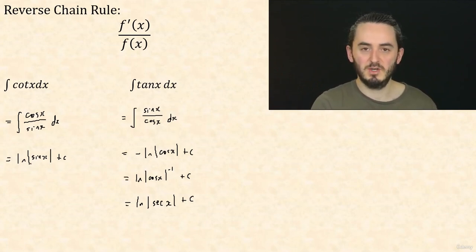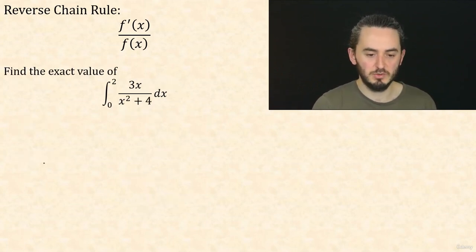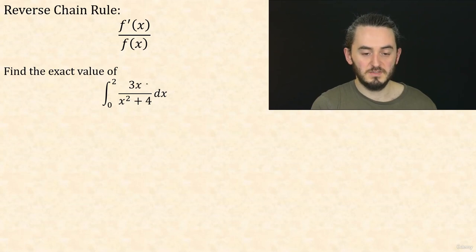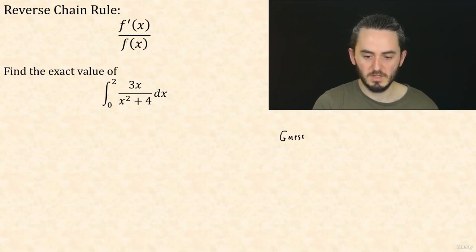Okay, let's also have a look at applying the reverse chain rule to some definite integrals. So can we find the exact value of the integral of 3x over x squared plus 4, between 0 and 2? So do we have the derivative of a function over the function? Not quite, because the derivative of our denominator is 2x, not 3x. So I better do a guess and a check here. I'm going to guess that the answer is ln of x squared plus 4.